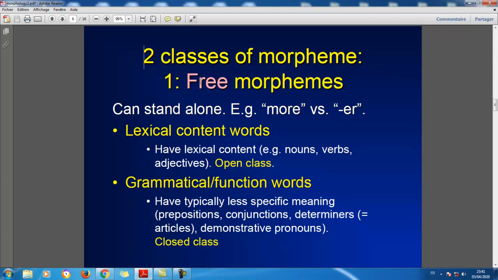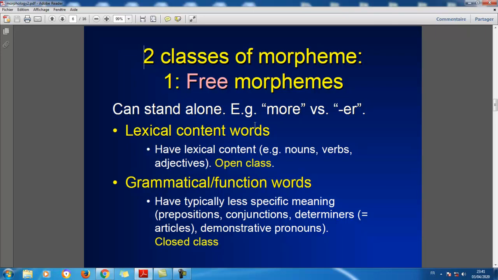When we talk about morphemes, we can draw a distinction between two major kinds or classes of morphemes. So the first one is the class that we call free morphemes. These morphemes can stand alone. They can occur in isolation, or they can stand all by themselves.